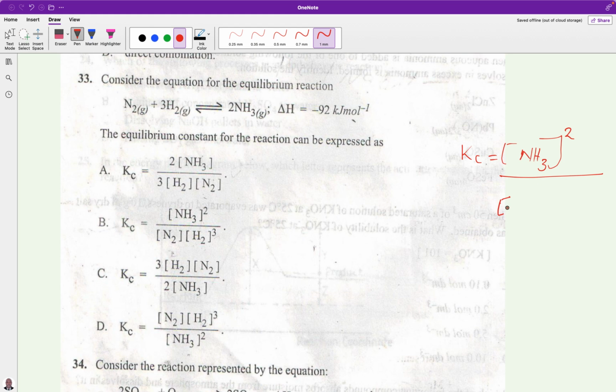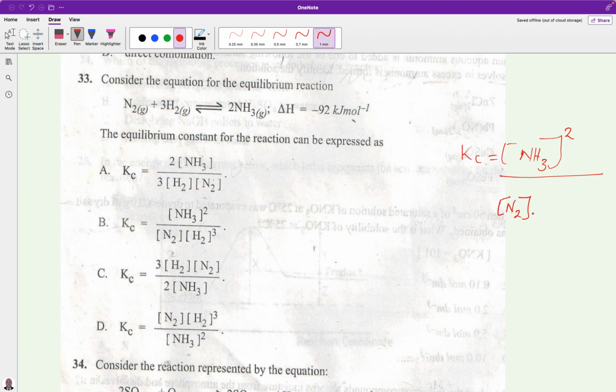The product of the concentration of the reactants raised to the power of their coefficients. A product means this times this; we are multiplying them. So the product of the reactants is raised to the power of their coefficients.